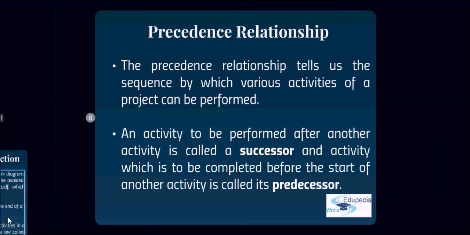An activity to be performed after another activity is called a successor, and an activity which is to be completed before the start of another activity is called its predecessor. We can also have activities which could be performed simultaneously. All of these are depicted in the network flow diagram.